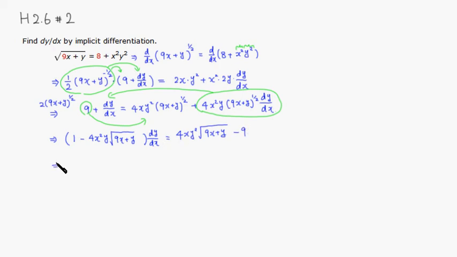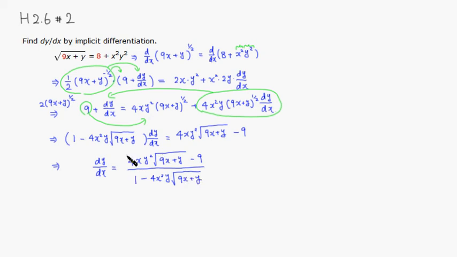Then we can just divide through by this quantity to get dy over dx equal to 4xy squared square root of 9x plus y minus 9, all over 1 minus 4x squared y square root of 9x plus y. So that's that.